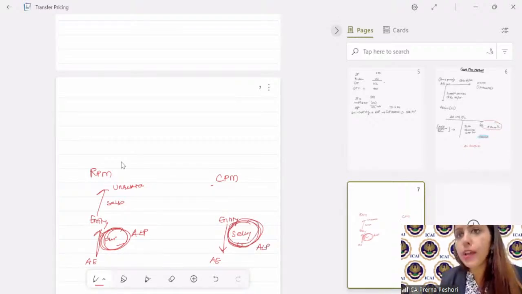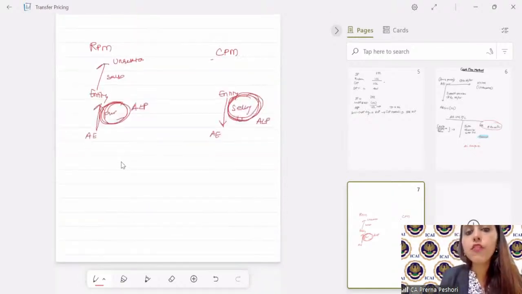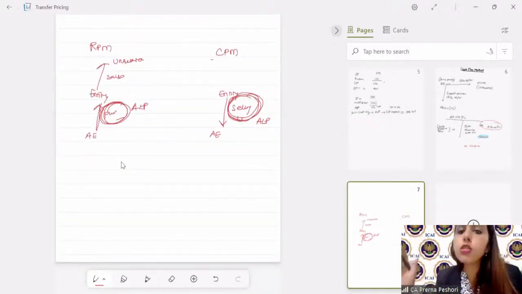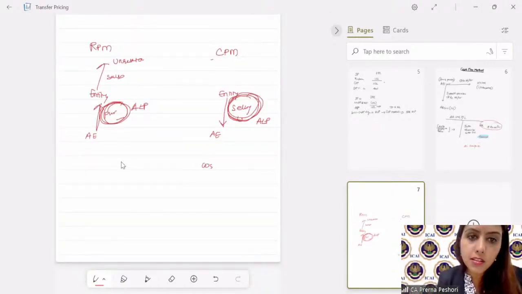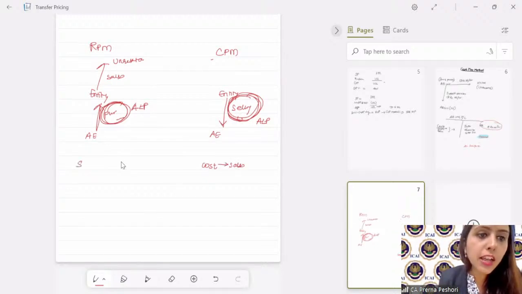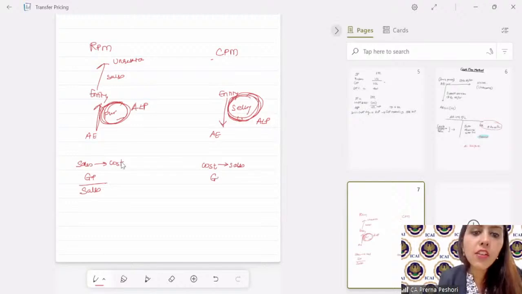And therefore, in the CPM, we arrive from cost to the sales. And here we arrive from sales to the cost. And therefore, here we use GP upon sales as the indicator. Here we will use GP upon cost.